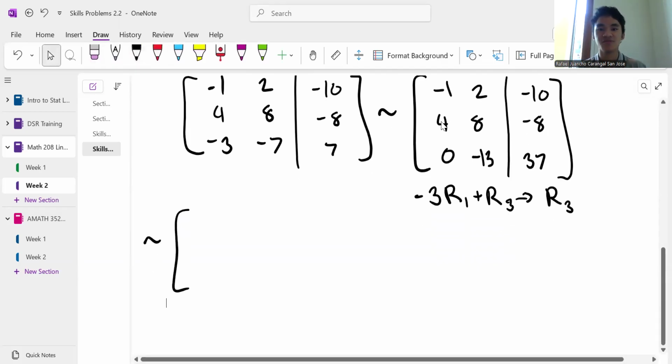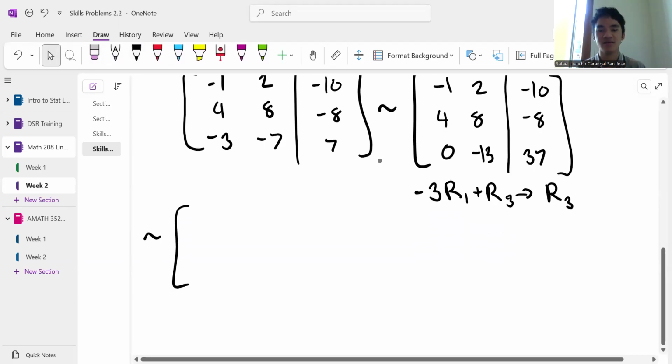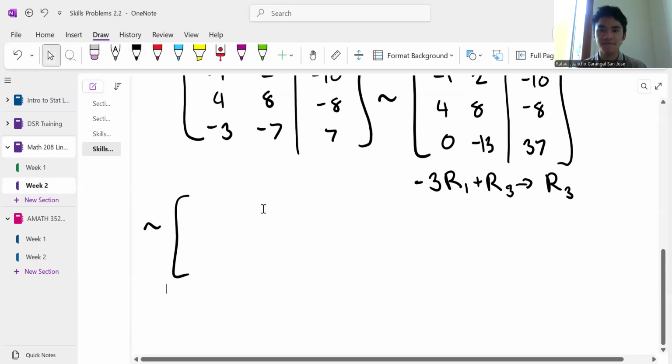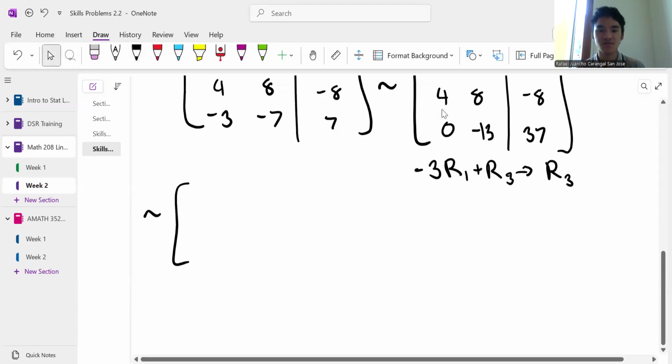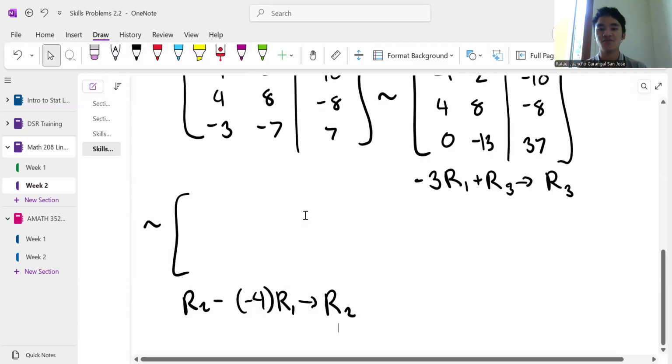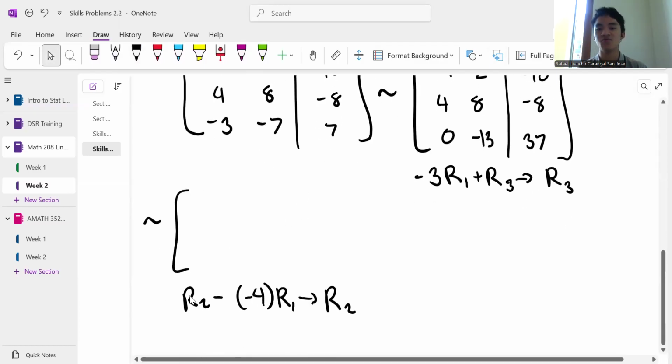So I want to get rid of this 4 in the second row. How do I do that? I could maybe multiply -4, or in this case, actually, I'll multiply 4. And then I can subtract row 2 from it. So I would say row 2 minus -4 of row 1, and then we put that in row 2. So I multiply -4 to row 1 first, and then row 2 minus row 1.